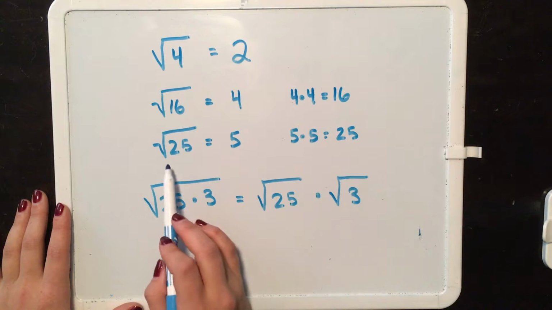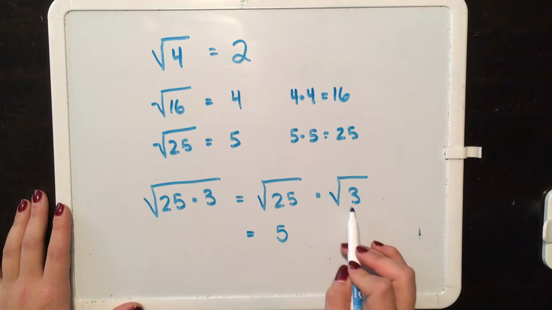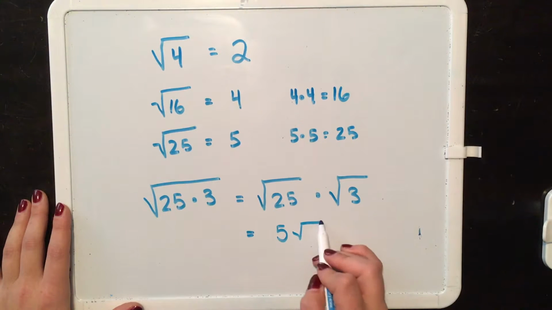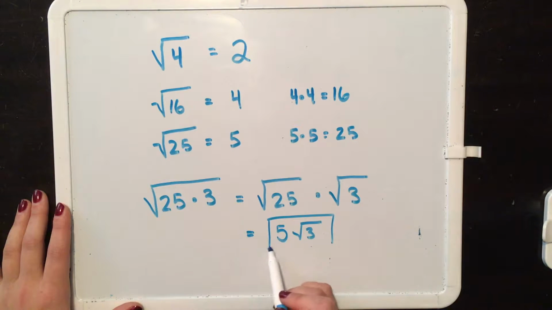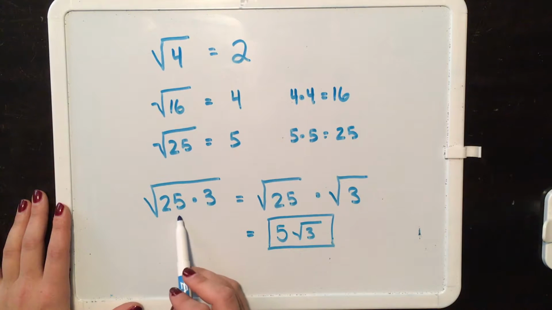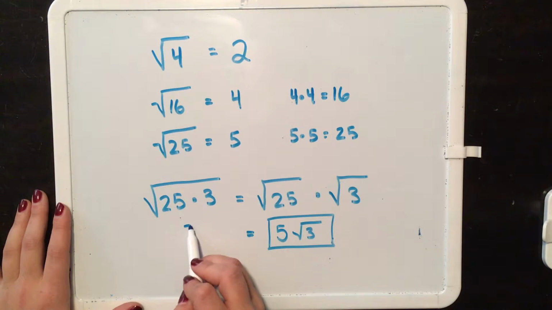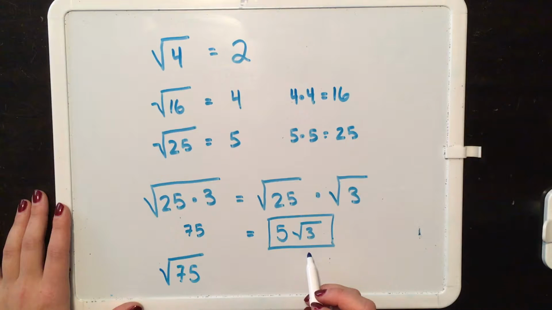We just saw that the square root of 25 is 5, and the square root of 3 is not reducible because 3 is not a perfect square, so we can leave that inside of the square root. So this is our answer, and it's not reducible anymore, but you just found the square root of 25 times 3. 25 times 3 is in fact 75, so that's the square root of 75 that we just calculated here.